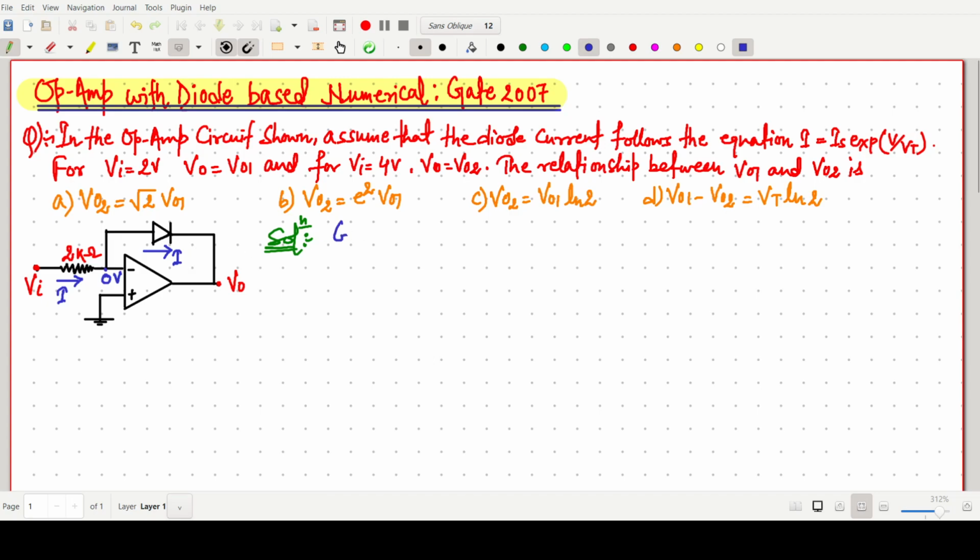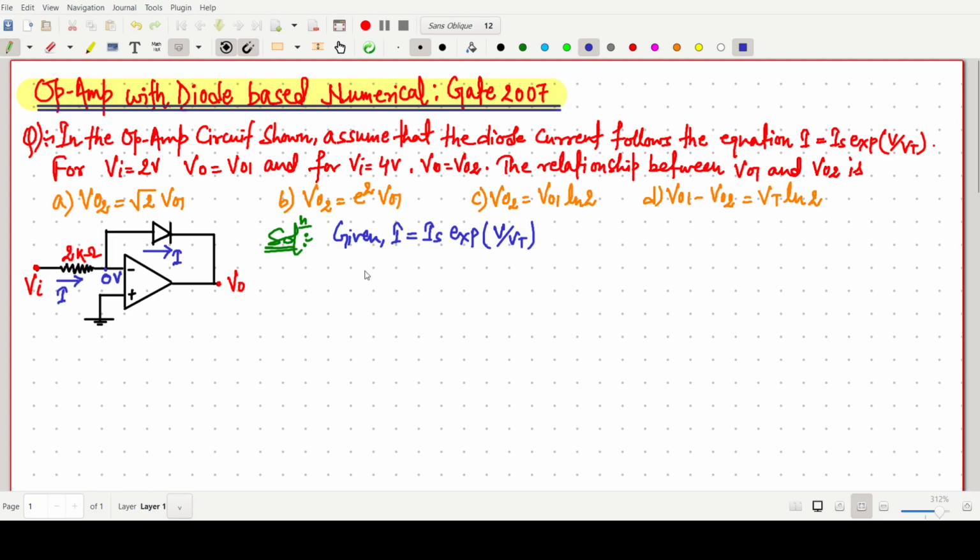So once again I am writing the given thing: I equals Is, the saturation current, times exp of V by Vt.